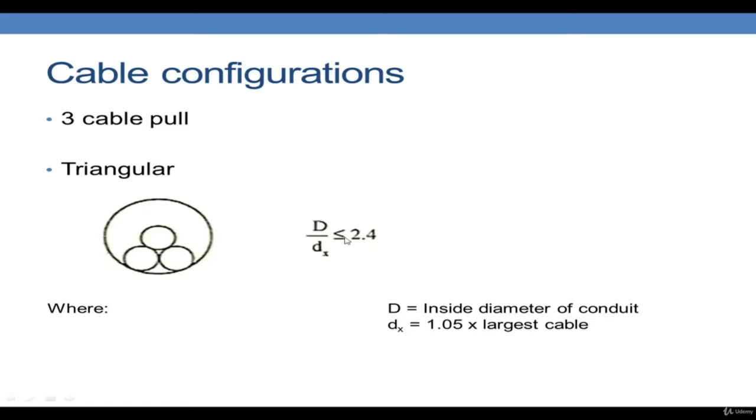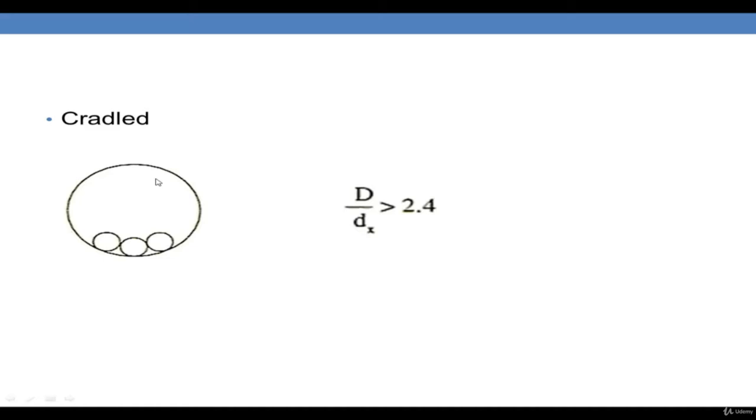If this value is less than 2.4, then we can use the triangular configuration, whereas if this value is greater than 2.4, then we use the cradle configuration.